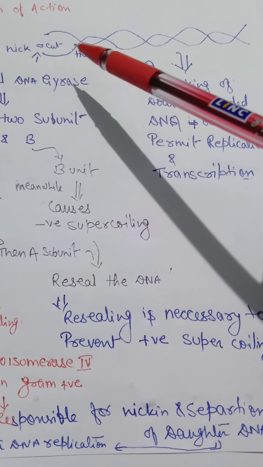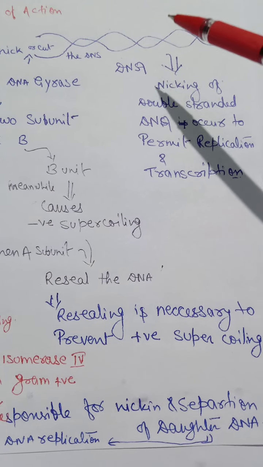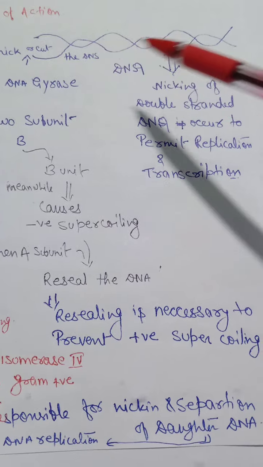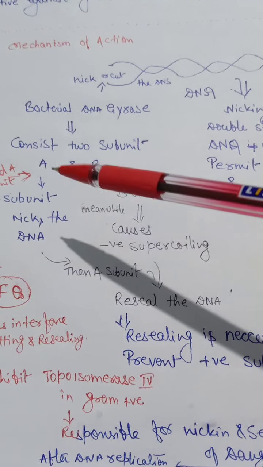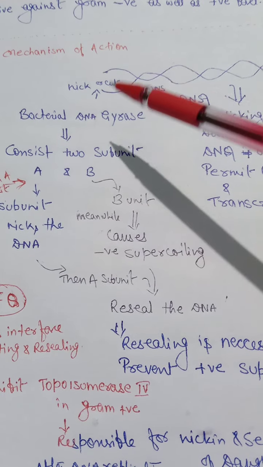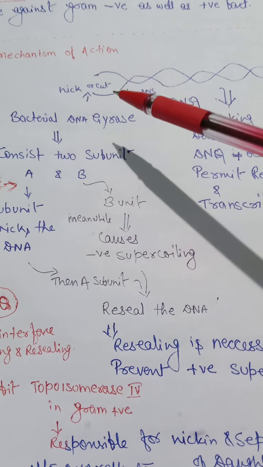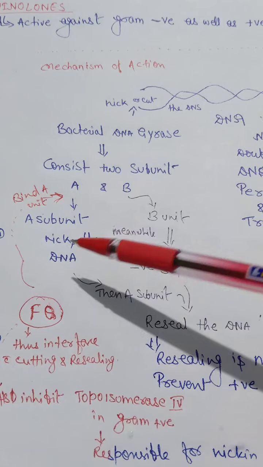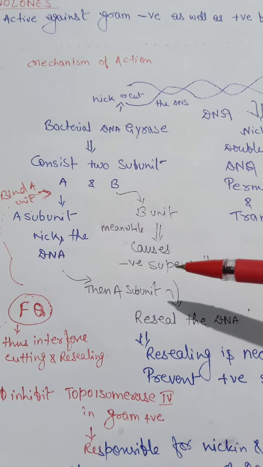The DNA is cut and negative supercoiling is being done, and if negative supercoiling continues, then positive supercoiling will occur. So the function of the A subunit is the cutting as well as the resealing of the DNA, whereas the B subunit is responsible for the negative supercoiling.